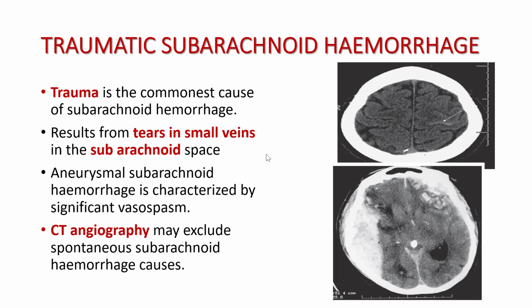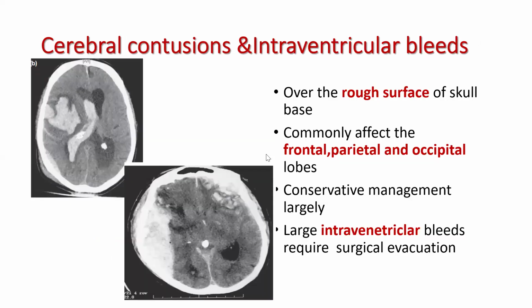But on the opposite side of the big one, inside the parenchyma. So now when we go to the next slide, do you see the picture above inside of the brain parenchyma? That's a contusion. There is also another one which is inside of the ventricle. So they cannot be confused. They are really, really different.